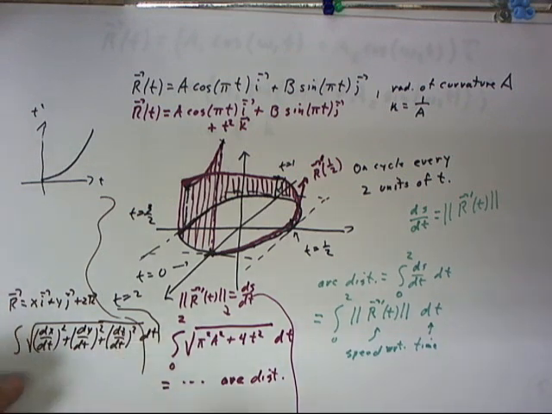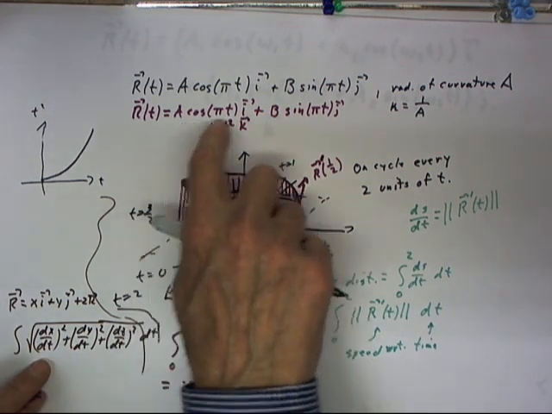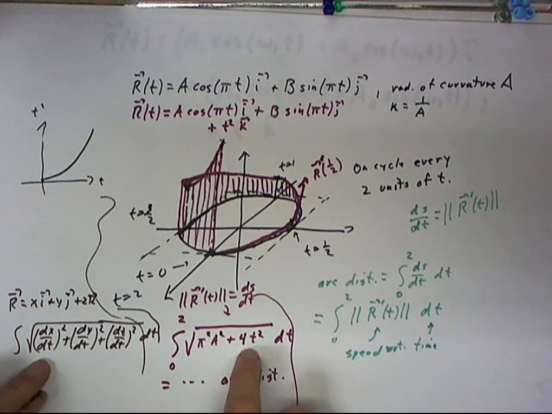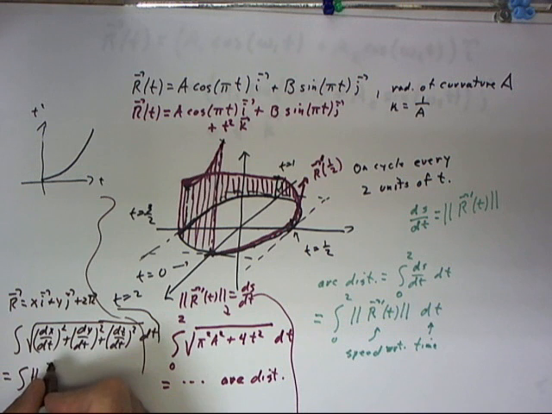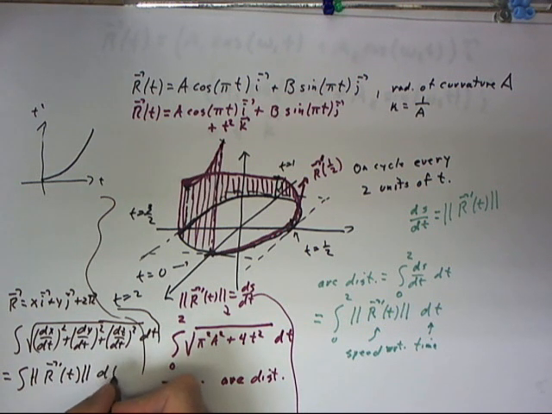But what is this? Well, this is just, for this function, it just gives us this. The dx dt is nothing but the magnitude of r prime of t.